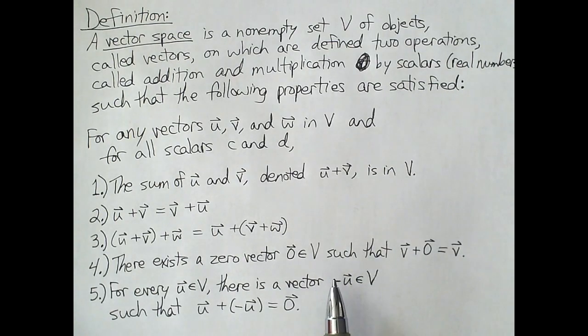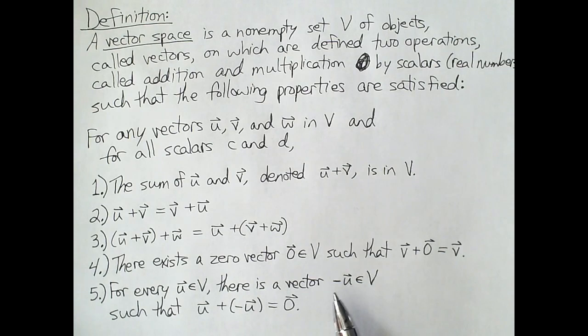Every element has to have a negative version of itself. You could call this the additive inverse. A lot of times we talk about the multiplicative inverse, that when you multiply them together, you get something like an identity, a multiplicative identity.